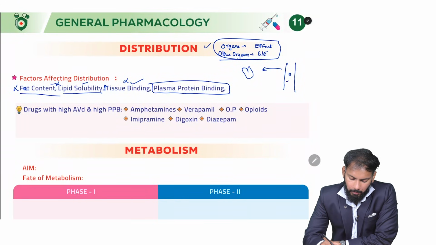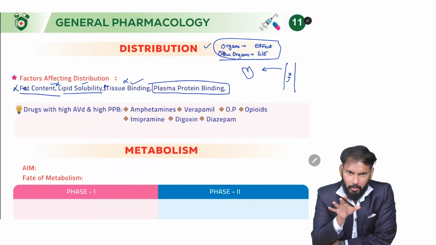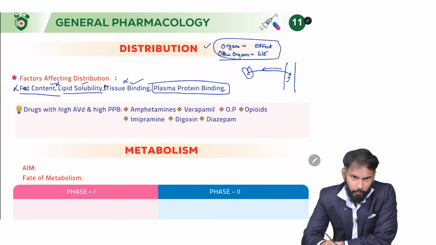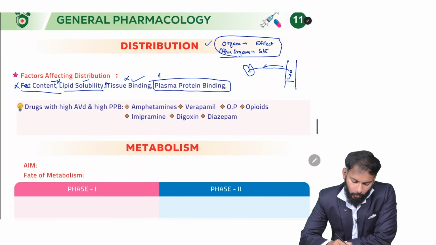If the drug is bound to this protein, can this drug cross the membrane and go into the tissue? No, proteins cannot cross the membrane. The drug also cannot cross the membrane. So it will stay back. That means if plasma protein binding is increased, distribution is decreased. So this is inversely proportional.